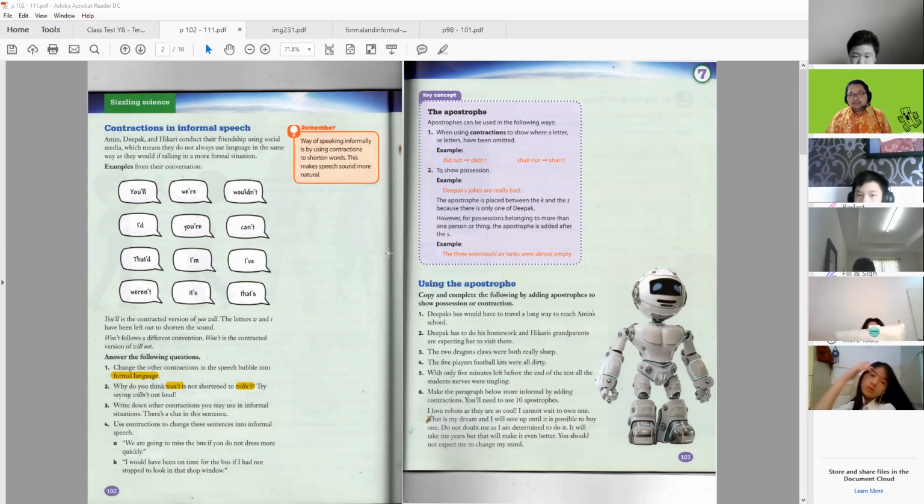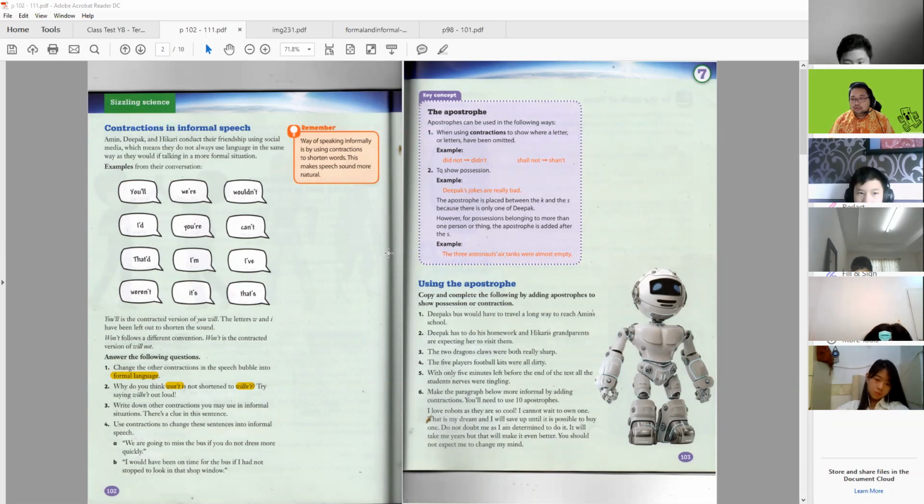How about ought of? Do you know, aside from should, we also have ought. Here, let me type it for you.